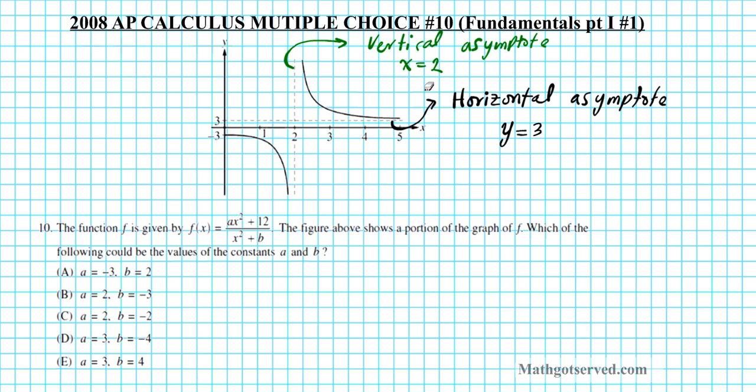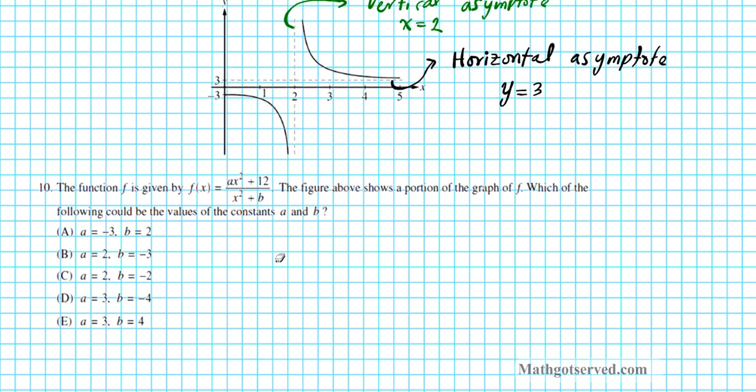If you apply the correct algorithm in finding the asymptotes, we should be able to find out what a and b are, since we already know what the answers are. So let's start by looking at the horizontal asymptote. Now the question is, how do you find your horizontal asymptote given a function of this nature?